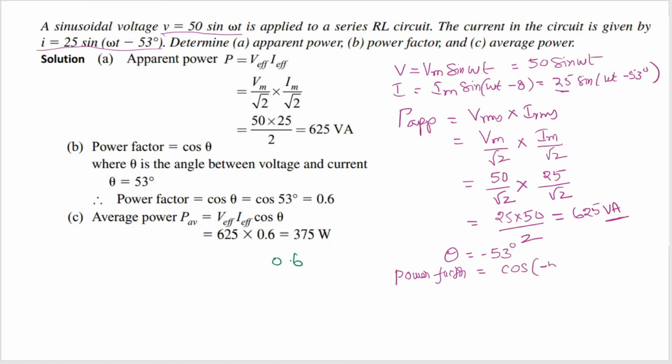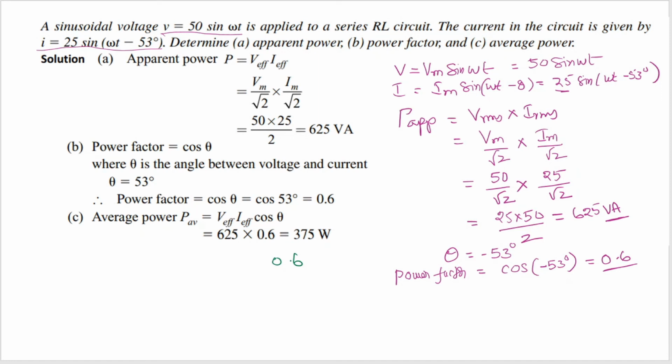Cos of minus 53 degrees, how much? Calculate and tell me. 0.6. So power factor will not have any units. Don't write degrees or radians. Power factor is 0.6.